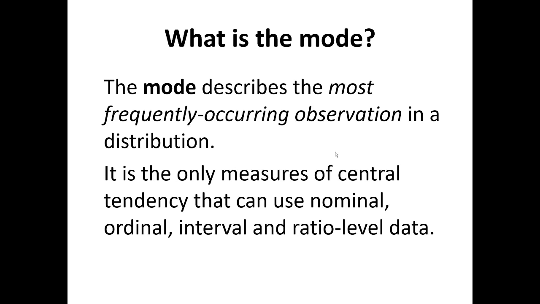And the thing about the mode is that it is the only measure of central tendency that can use nominal, ordinal, interval, or ratio level data. Because even if you're comparing cats, dogs, and ferrets, you can still say there's 32 ferrets, 57 cats, and 2 dogs. So in that case, 57 cats describes the mode in terms of pets, I suppose.